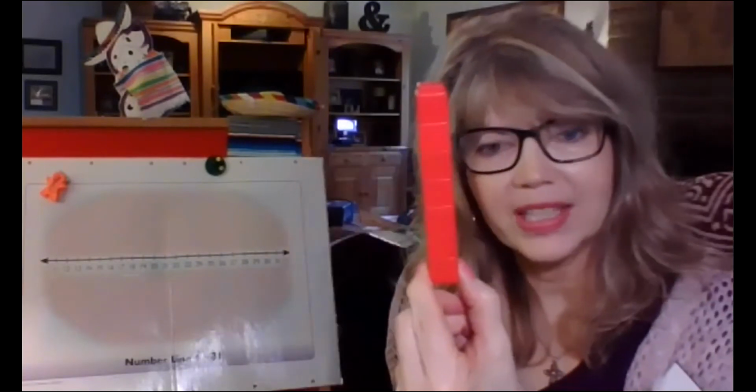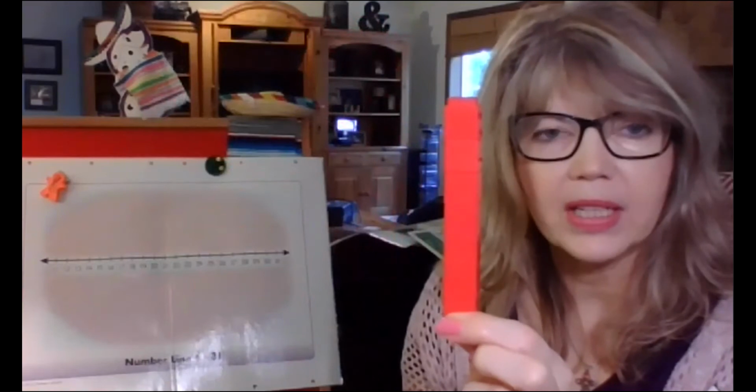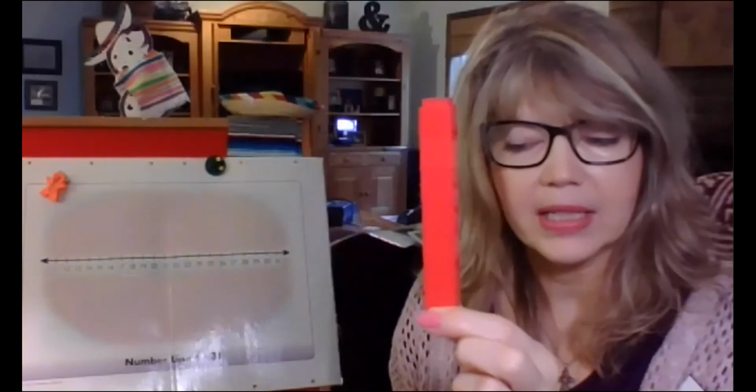Yes, I ended up with 7. So 10 take away 3 is 7. I started with 10, but I took 3 away and that left me with 7. 10 minus 3 is 7. I went back to 7.